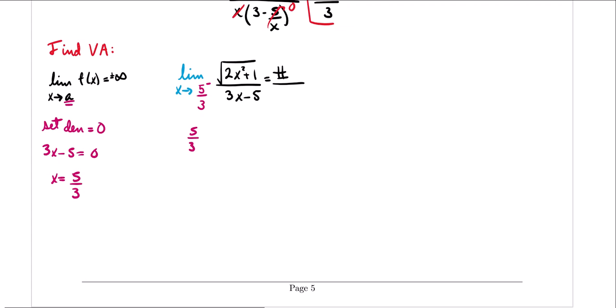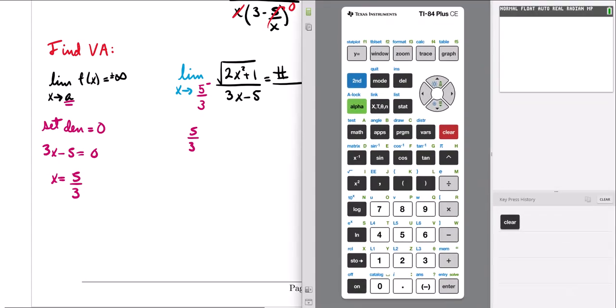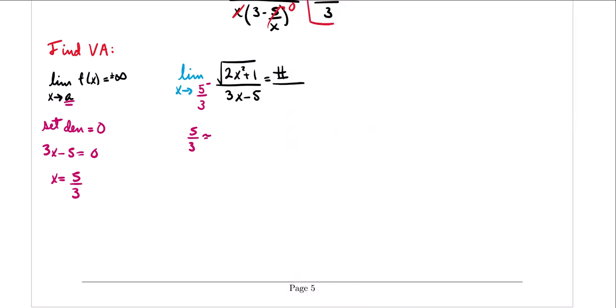So let's go to our calculator here. So 5/3 is approximately, let's take a look, 1.6667. Now I decided to round like this. If you want to go a little bit more, that's perfectly fine.